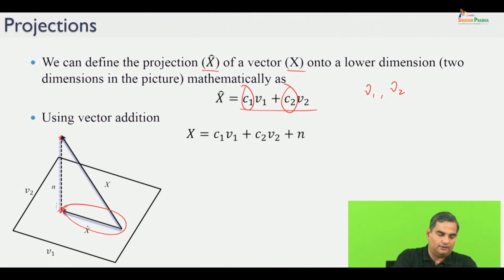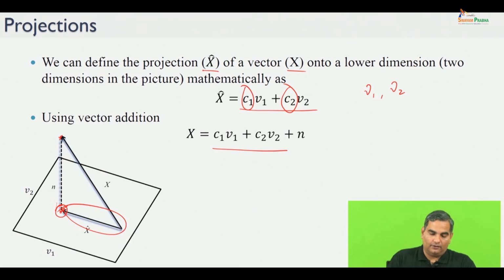So, as long as these 2 points, when I connect by vector n, that vector is perpendicular to this plane, then I would have found the closest point on this plane, which is what I am going for in terms of projections. So, using vector addition, again we can start from here, let us say, and this is x. So, x can be written as x hat plus n, which is what is written here, and x hat has been expanded to be c1 nu1 plus c2 nu2.